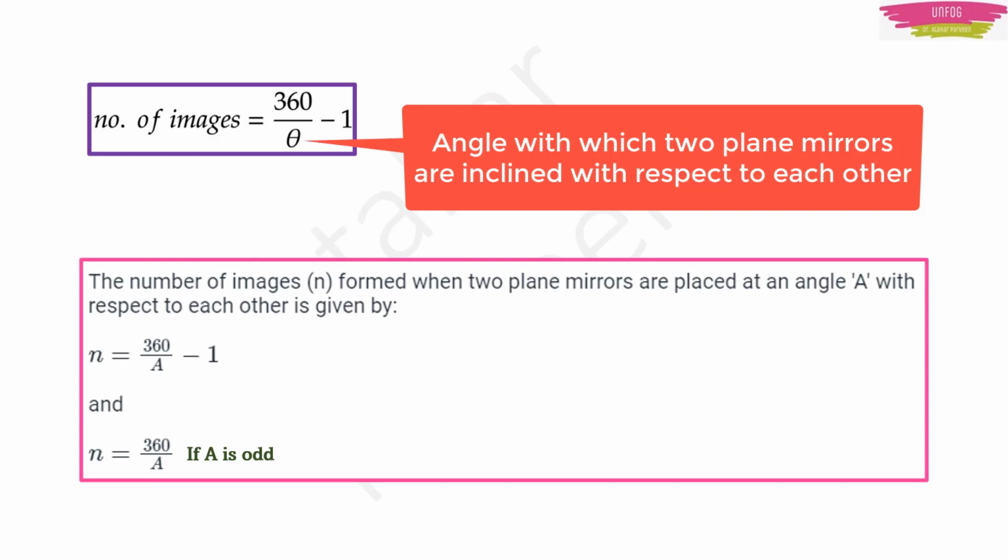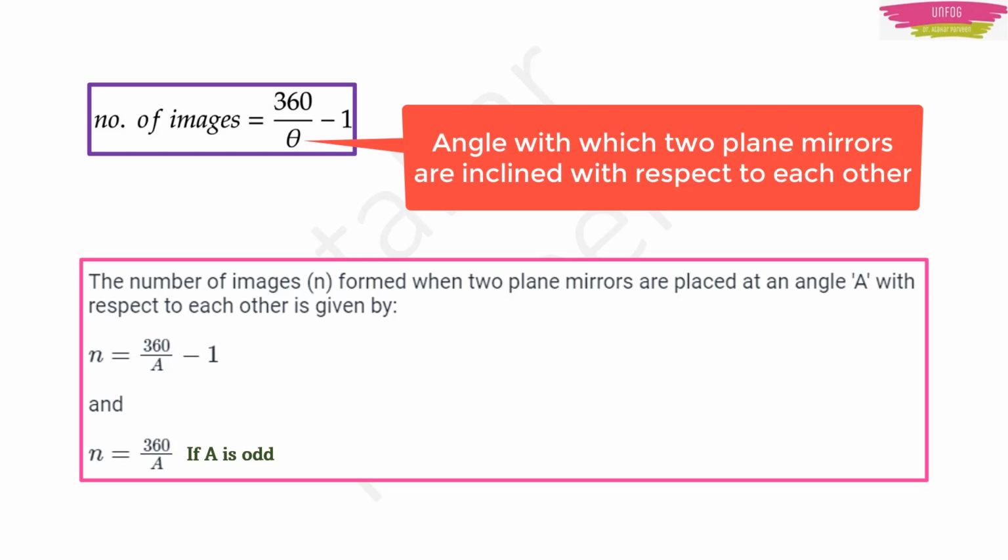Another important point which you have to remember is that there is another formula. Other than 360 upon theta minus 1, there is another formula which is n is equal to 360 upon theta. Here theta is the angle between the 2 plane mirrors. Okay, you can give the symbol as A also, capital A also, theta or capital A. But the difference in using another formula is the value of the angle.